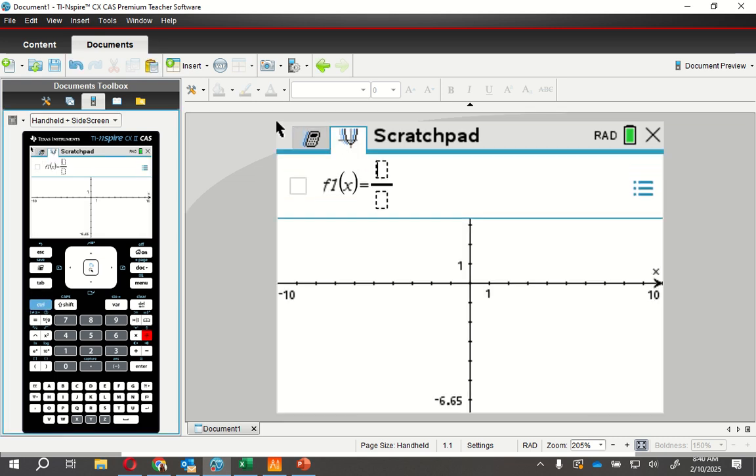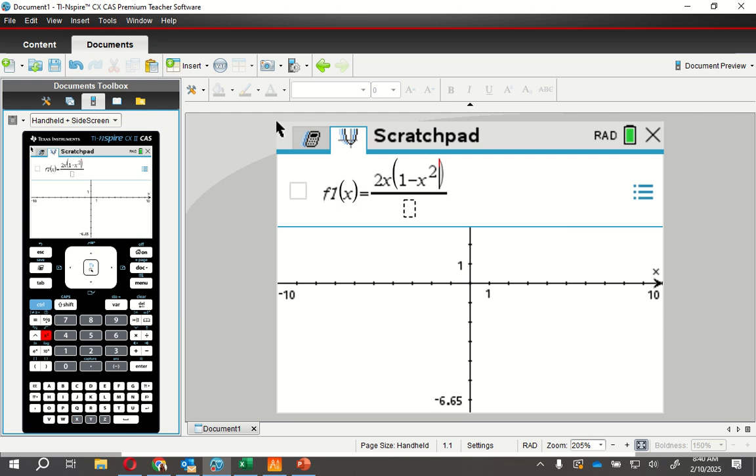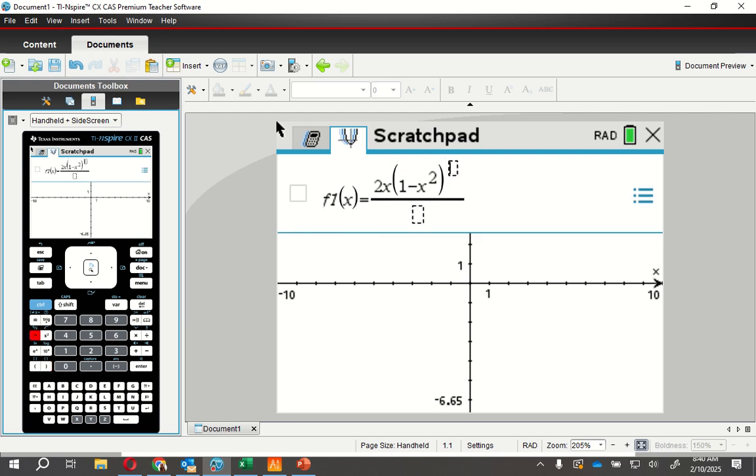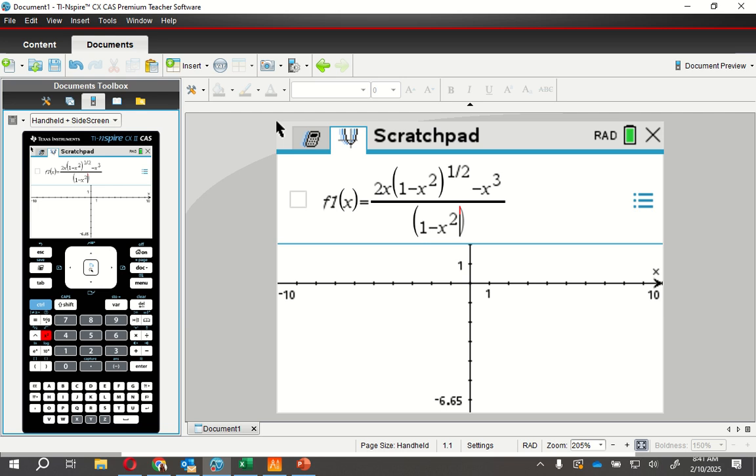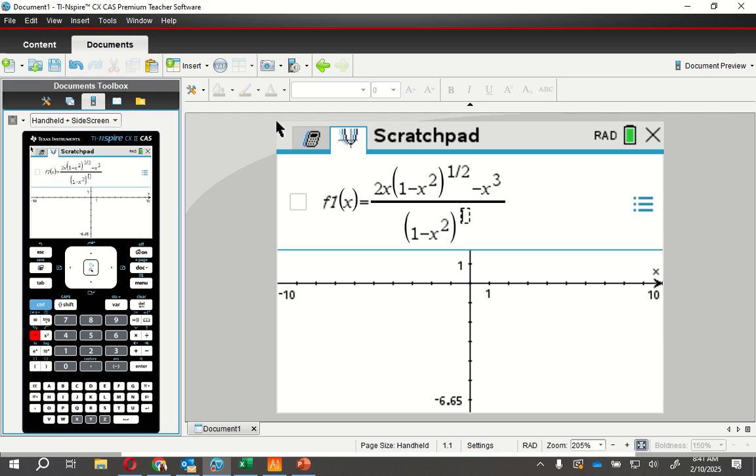So, control, divide, set it up, and it was 2x quantity 1 minus x squared close raised to the 1 over 2 all minus x cubed parentheses 1 minus x squared close raised to 1 over 2.